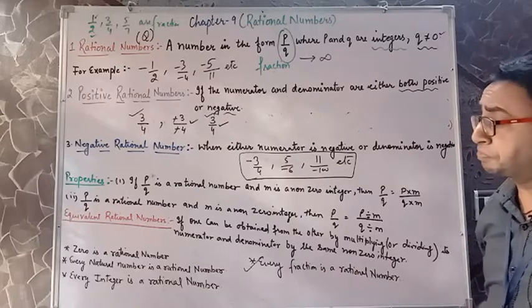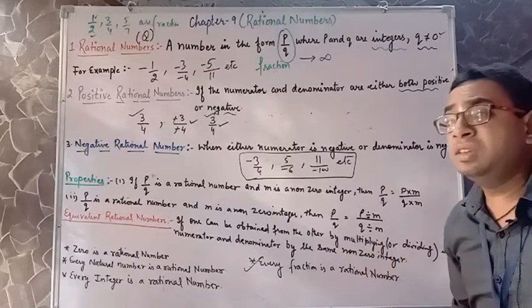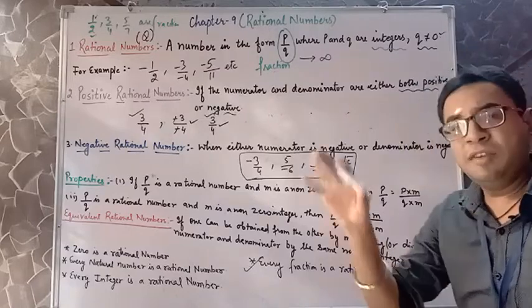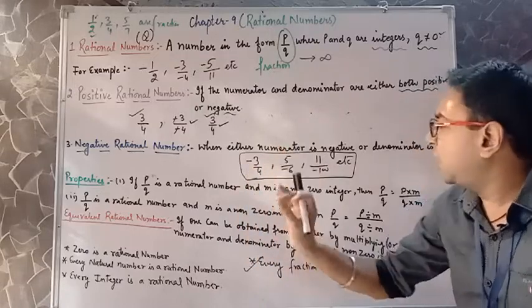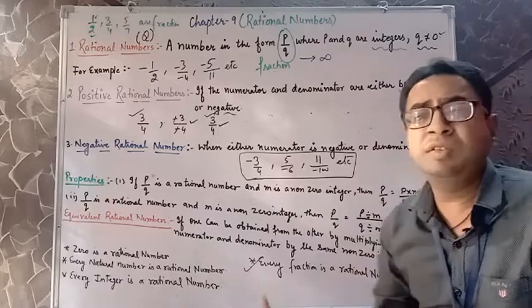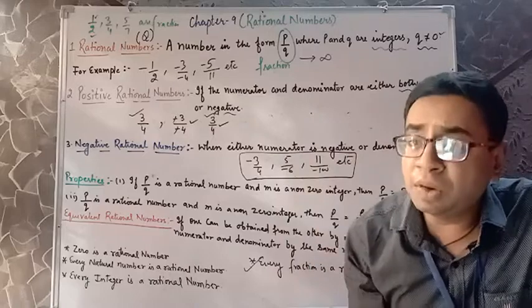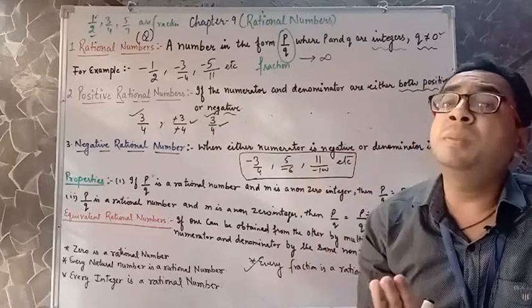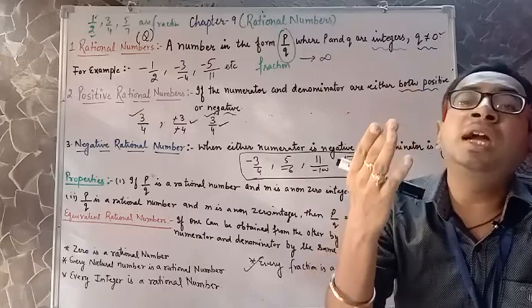But do remember, everything has some standard form. Everything must look presentable. Normally if I observe, and even if you are observing, you'll see this negative sign with the denominator is not helping, it's not looking nice. That is why, do remember, if the denominator part has a negative sign, you can immediately bring that negative sign to the upper side.